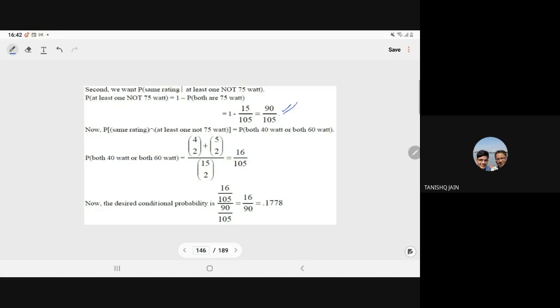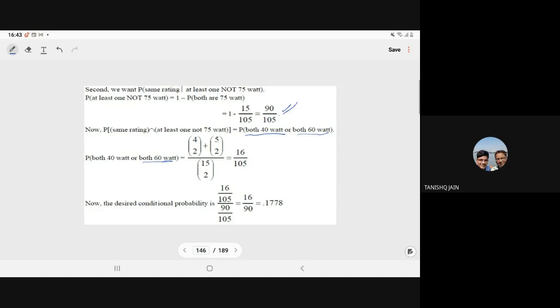And same rating means both are of 40 watt plus both are of 60 watt, and these are mutually exclusive. There are 4 40-watt bulbs and 5 60-watt bulbs, from which we are selecting any two.